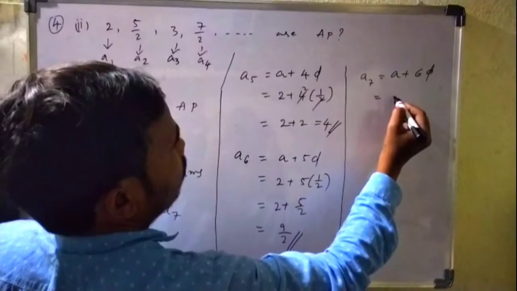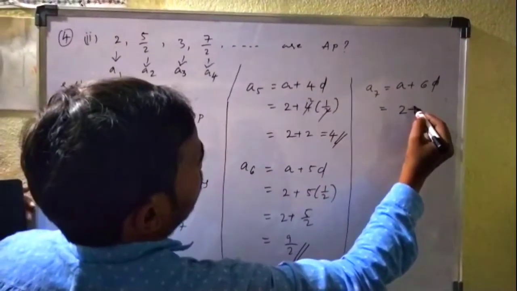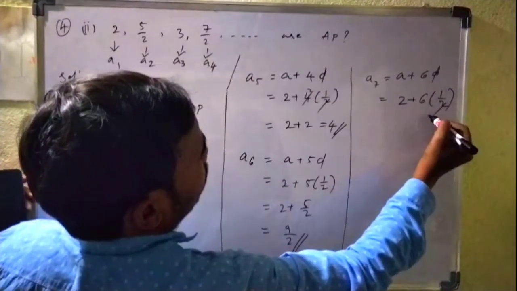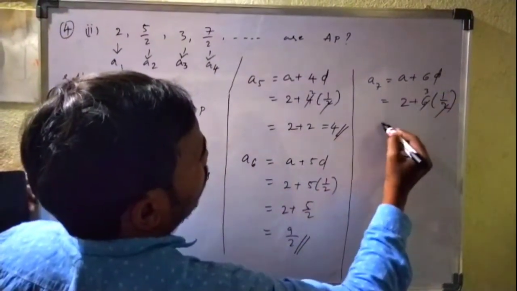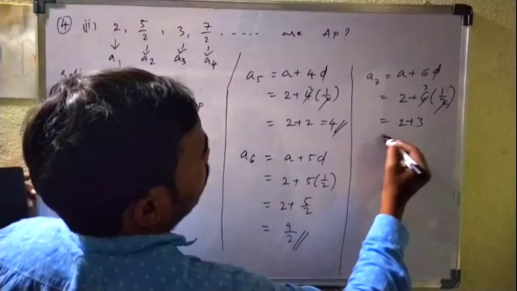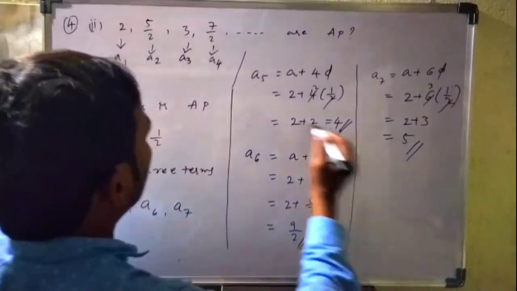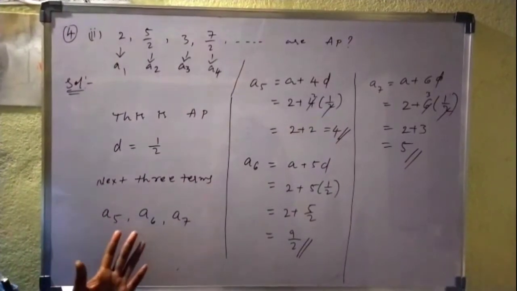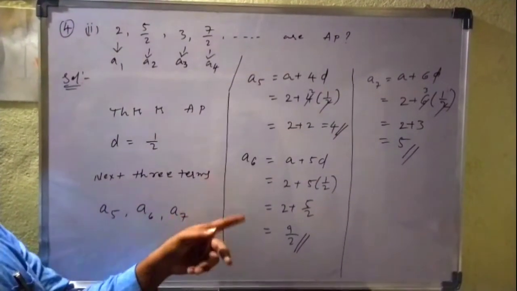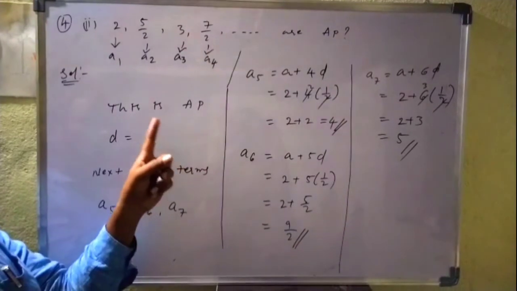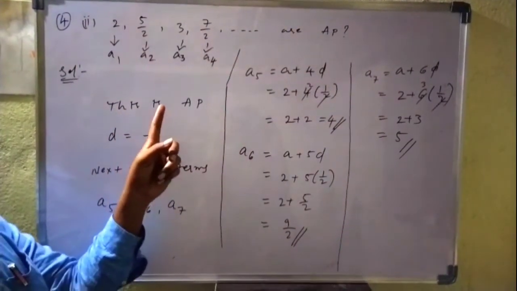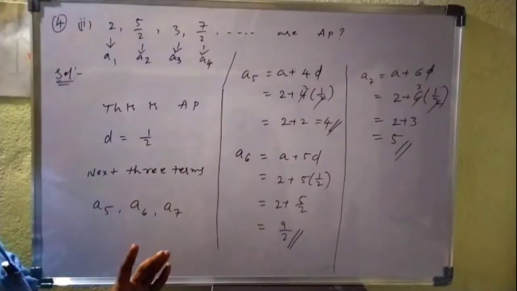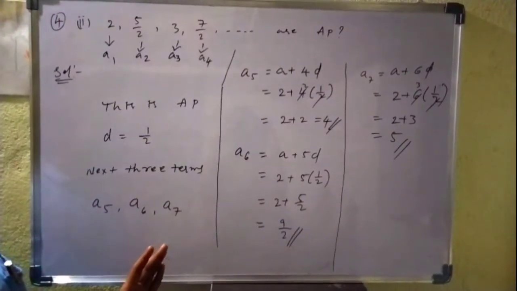So a value is 2 plus 6 of d, which is 1 by 2. Here cancellation is possible: 2 ones are 2, 2 threes are 6, so 2 plus 3 is equal to 5. Like that, the next three terms we are finding. When arithmetic progression is possible, next terms we can find. Otherwise we can't find them.